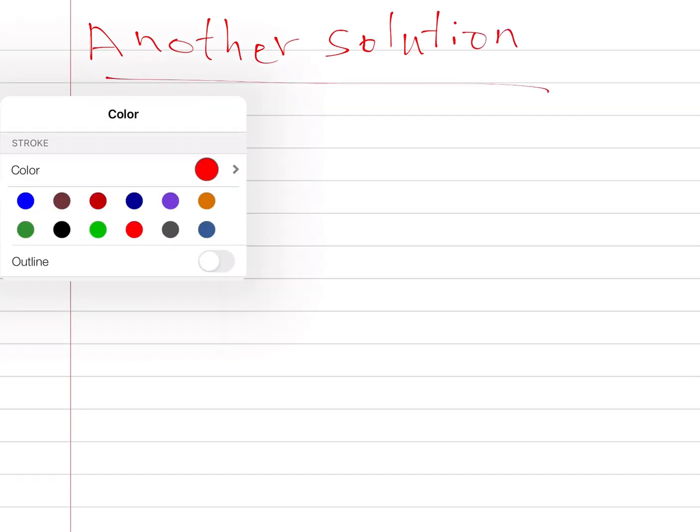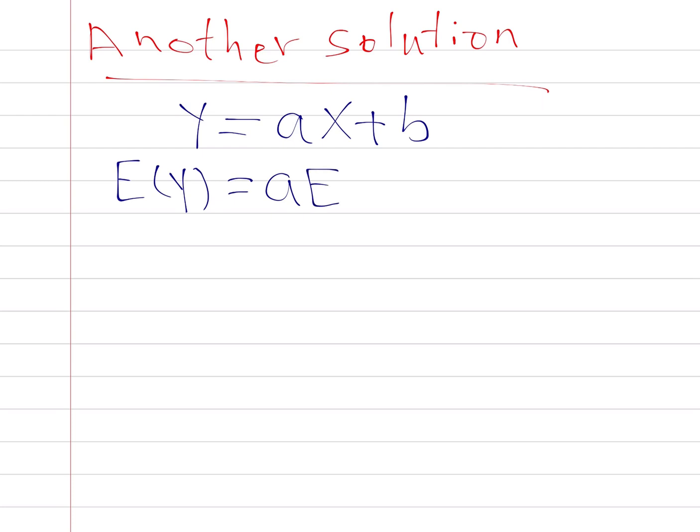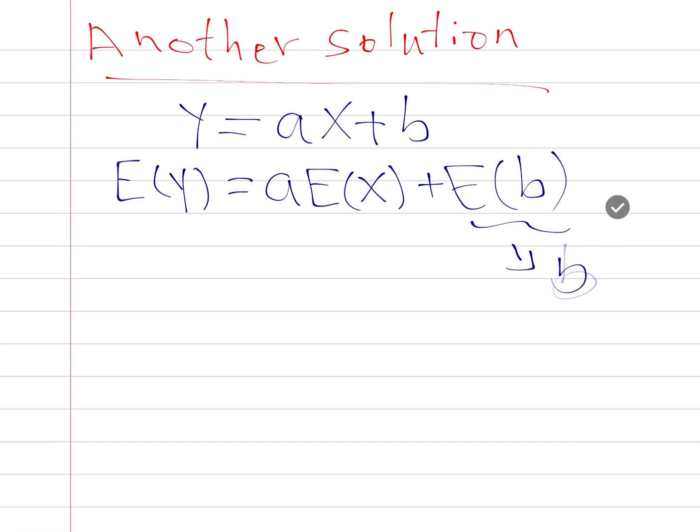Now we can use another solution. Let's write another solution here. We know y equals ax plus b, then the expectation of y is equal to a times the expectation of x plus the expectation of b, and we know the expectation of b is just b because it's a constant.